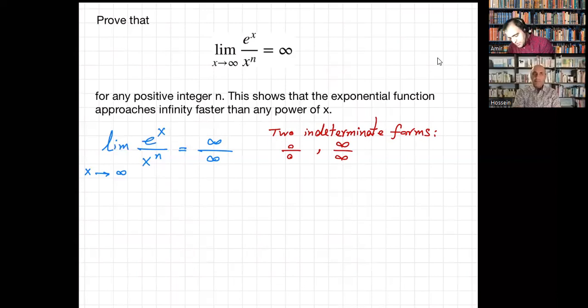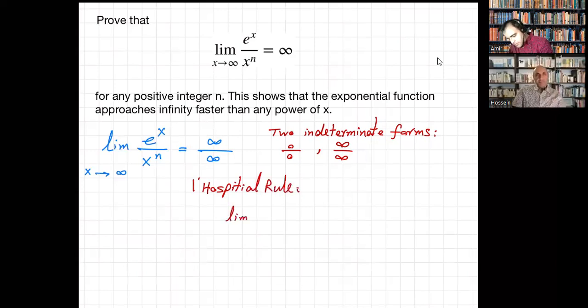Let me just write it down. L'Hôpital's rule is like this.